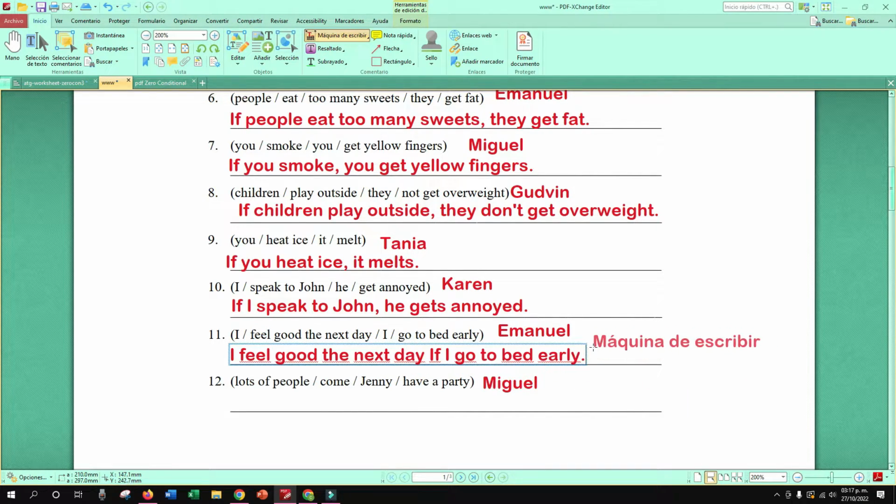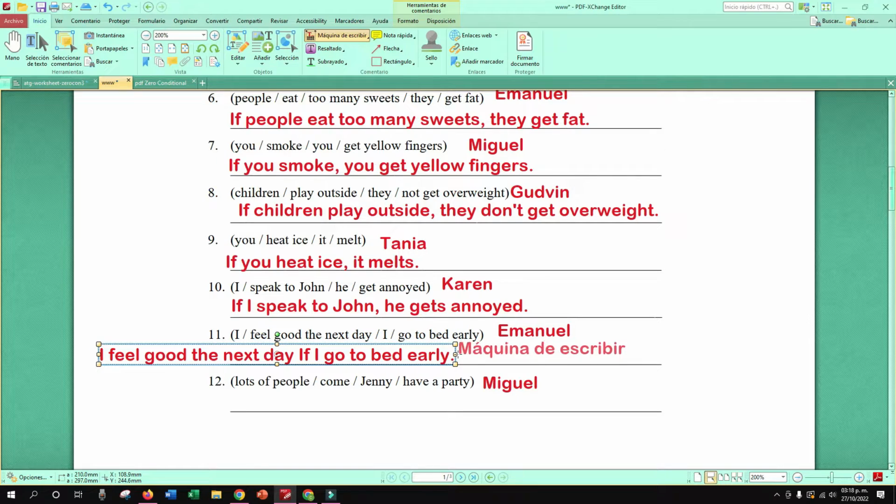But you can also say the one that you told us. We can say if I feel, no, that will be not, I guess. If I go to bed early, yes, comma, I feel good the next day. If you want, you can switch it, right? También la podemos cambiar. Let me write it down here.